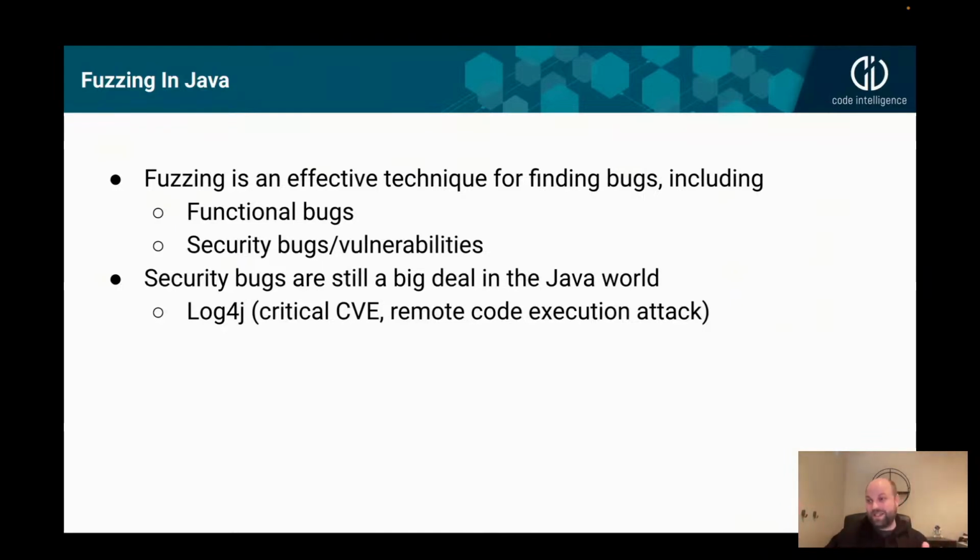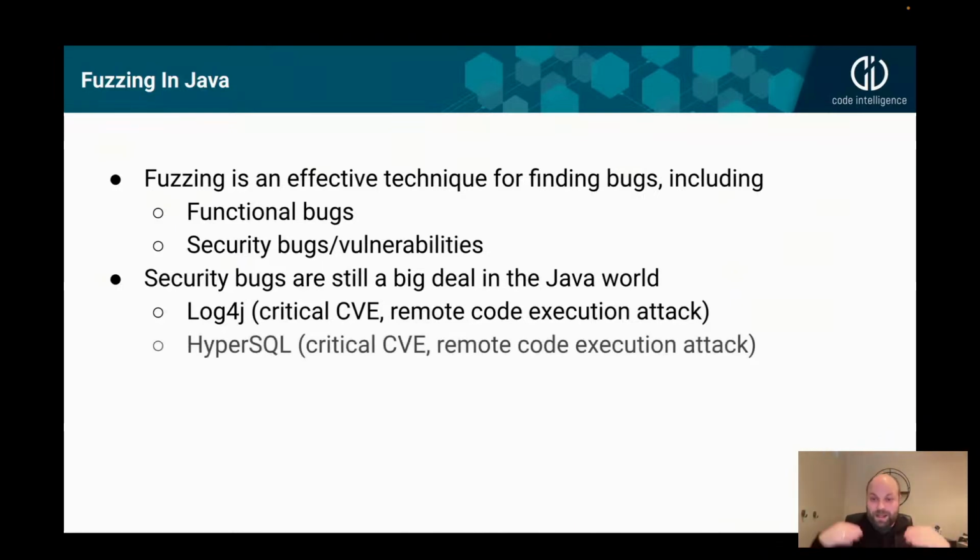Log4j is as old as the hills. It's a logger in Java. From my experience, I've worked on a few different Java code bases, and Log4j just ends up in there. It's just one of those dependencies that's always around. Despite all this, it still produced a recent CVE with a very severe remote code execution.